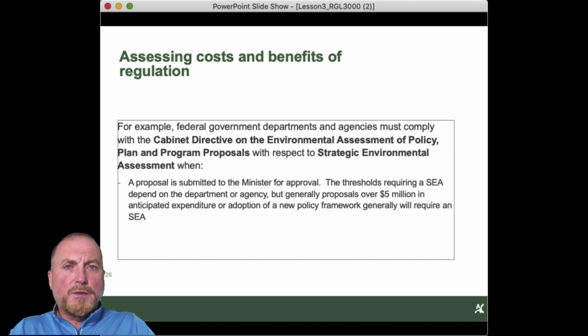But in Canada, we still tend to keep them relatively separate. RIASs tend to have a strong economic focus in Canada, whereas we have something called a Strategic Environmental Assessment Cabinet Directive that requires us to look at the environmental impacts of any major change in policy or regulation. So as we go through the course, we'll also revisit this whole issue, okay?